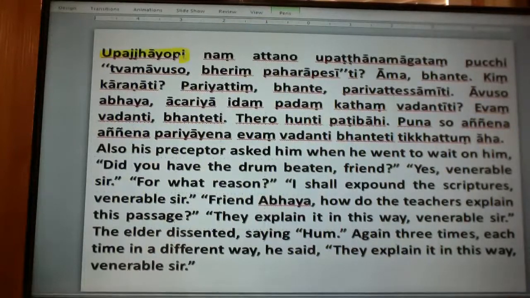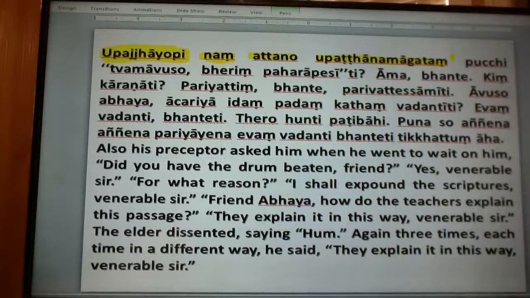Upajayo means the preceptor. Upajaya, the preceptor of the elder. Atano means your. Upatana Agadam.